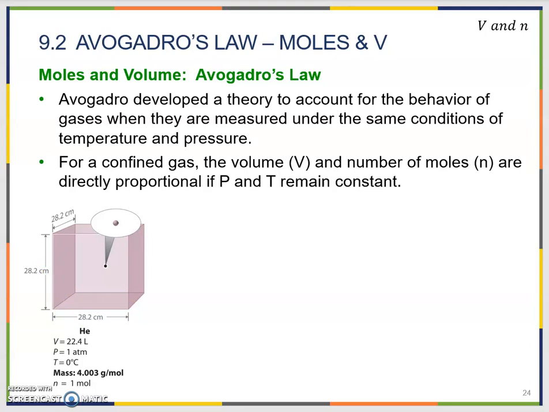That ends up being 22.4 liters at a pressure of 1 atmosphere and 0 degrees Celsius. It has a mass of 4 grams per mole. And it has 1 mole of gas.